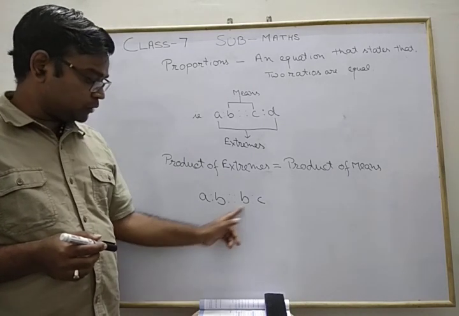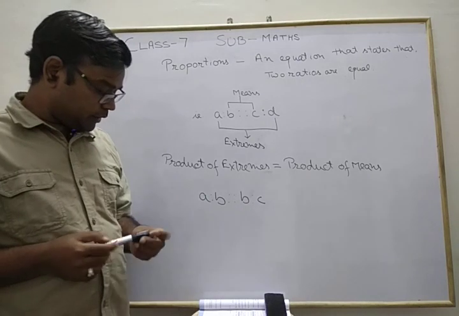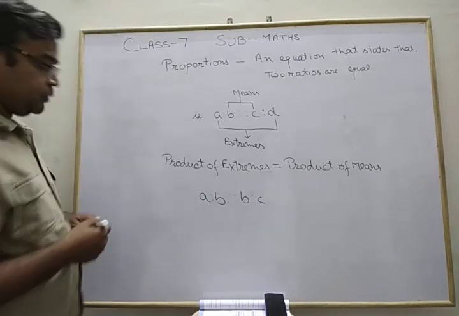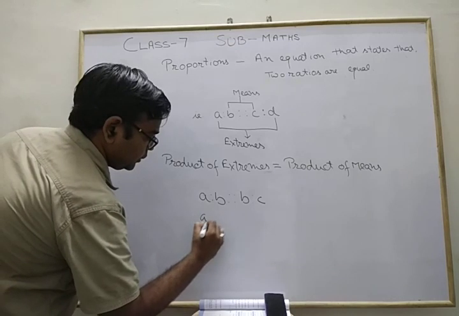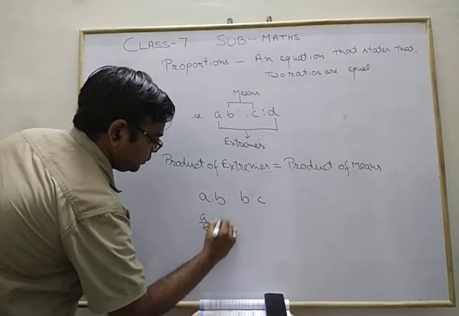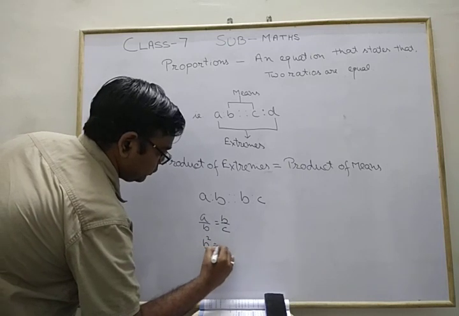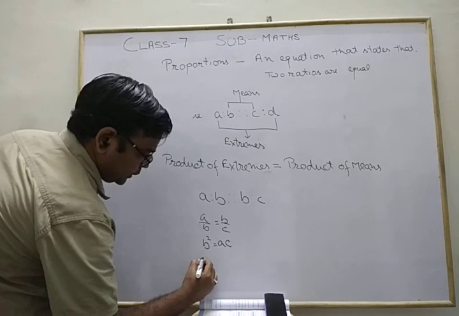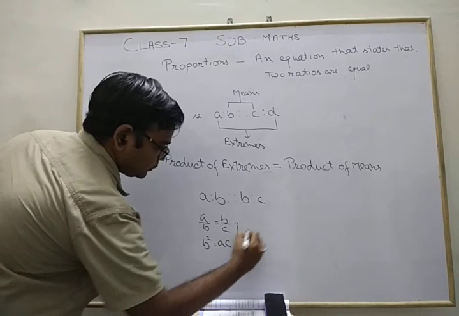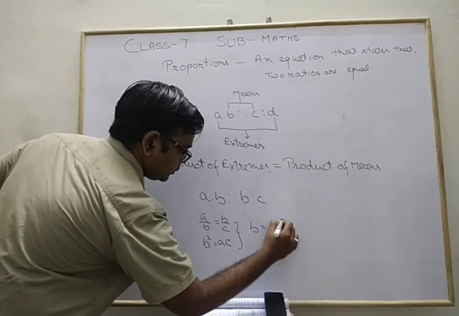This B is known as your mean proportional. If we use the equal to sign, A upon B equals B upon C, or B square equals AC, or we can say that B equals root under AC.